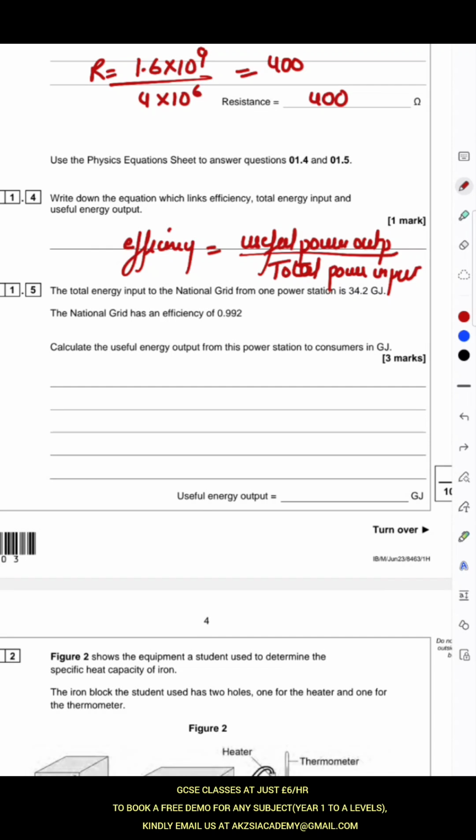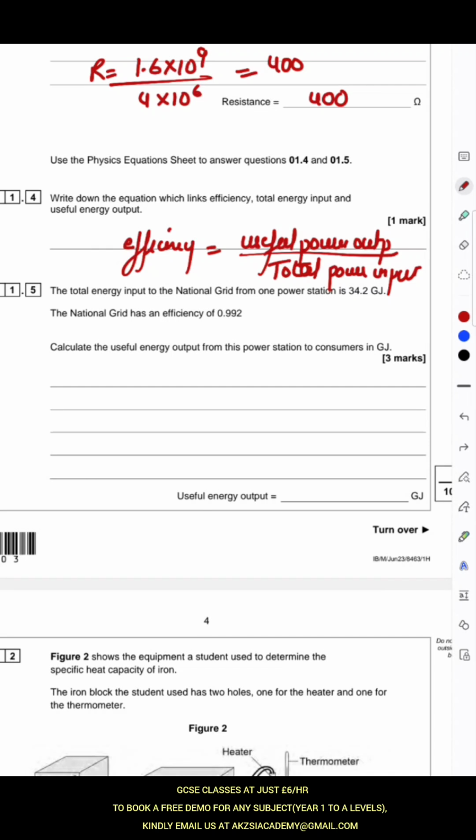Now 1.5 says the total energy input to the national grid from one power station is 34.5 gigajoules. The national grid has an efficiency of 0.992. Calculate the useful energy output from this power station to the consumers in gigajoules. Okay, because your answer should be in gigajoules, we need not worry about conversion.